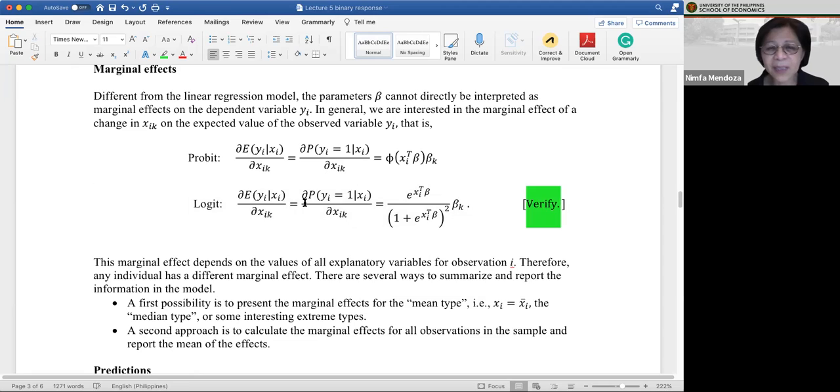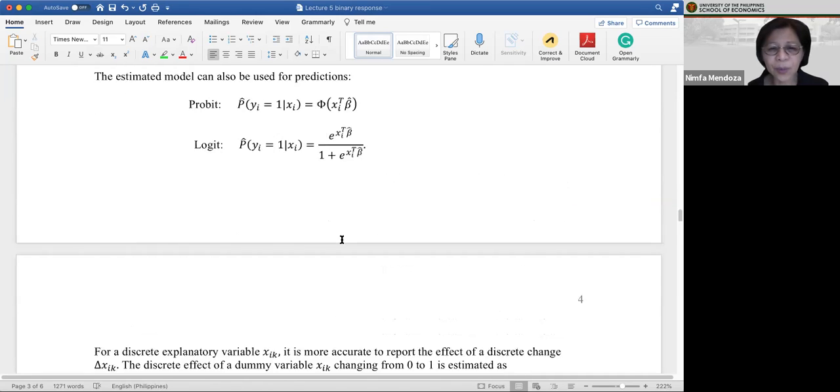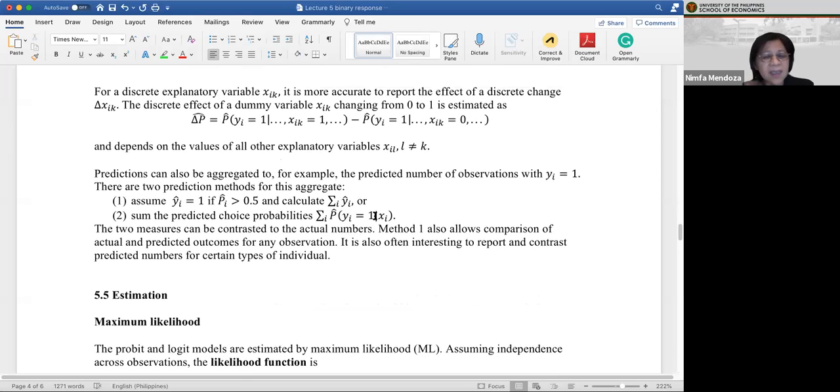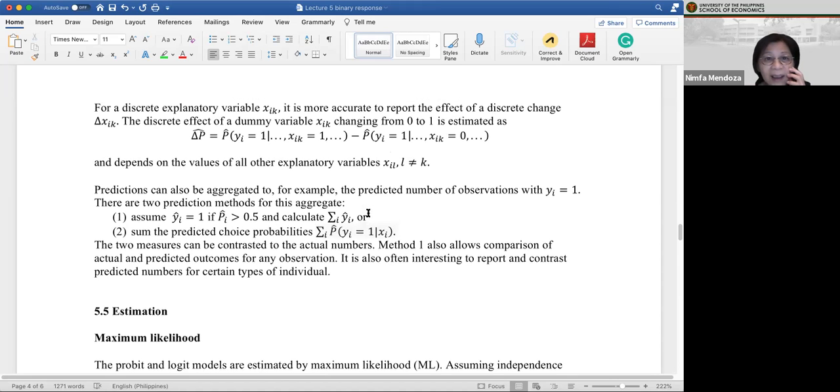You cannot have this marginal effect because x sub ik goes from 0 to 1. So you have to estimate it using this.